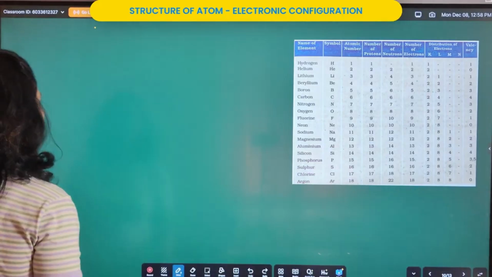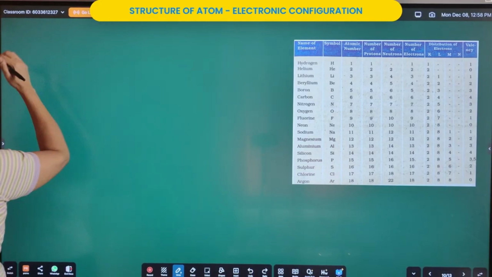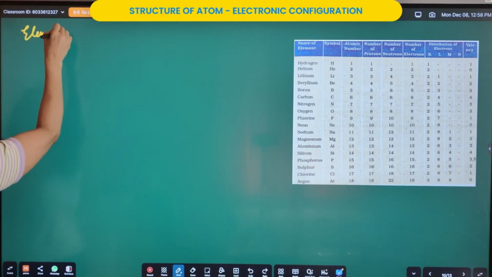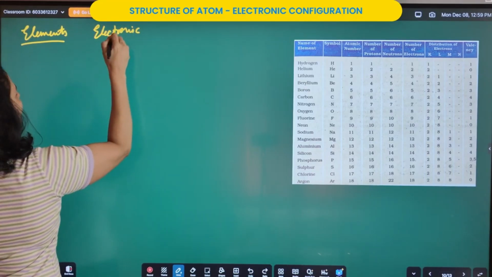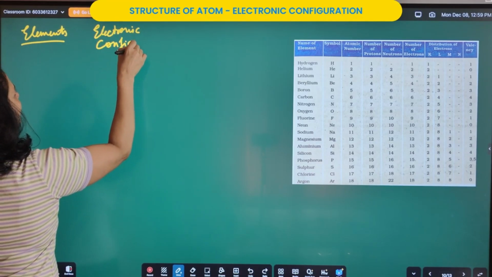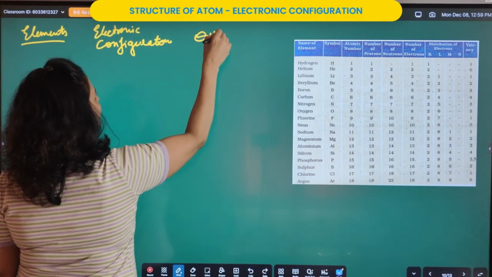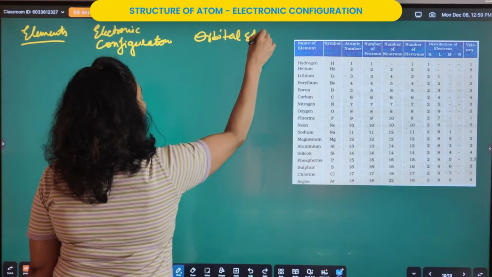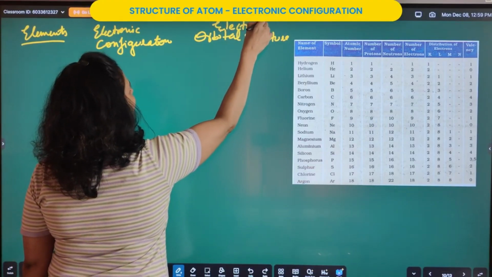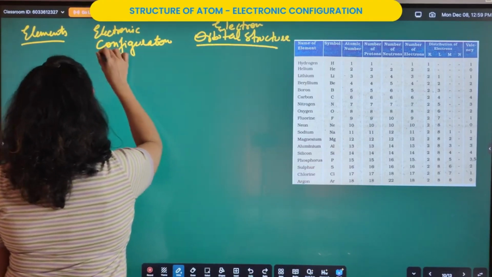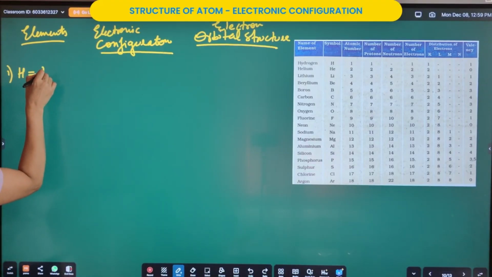I will be writing the elements, their electronic configuration, and the orbital structure, or you can also call it electron orbital structure. So these 3 things I will be telling you. The first element is hydrogen with atomic number 1.